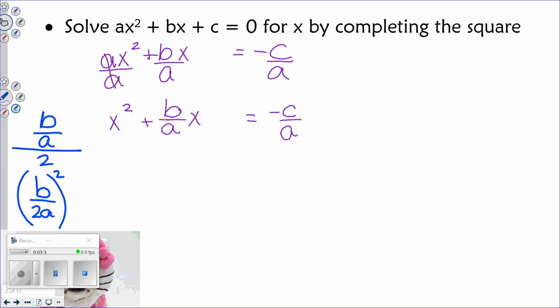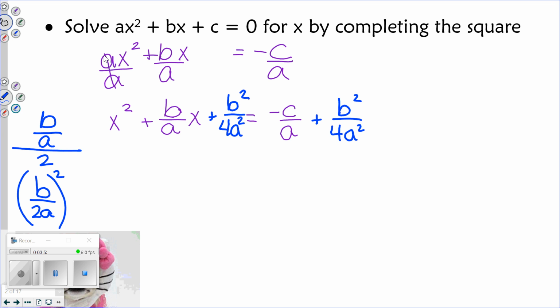And then we square this. It'd be b squared over 4a squared, because 2 squared is 4, a squared, a squared. It's b squared over 4a squared.